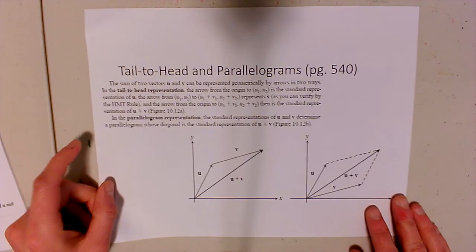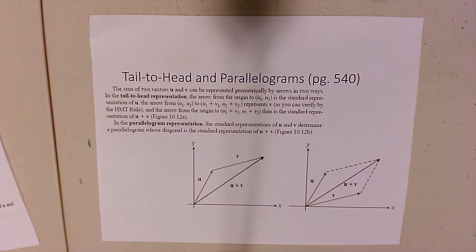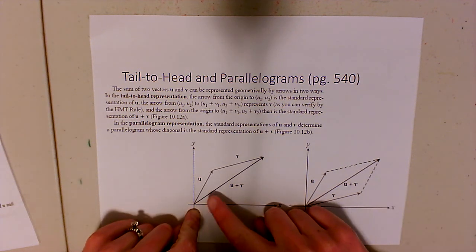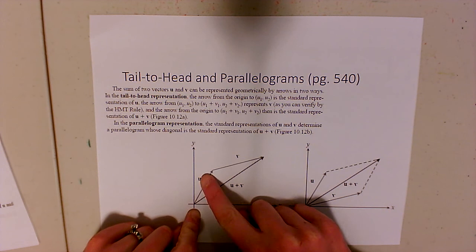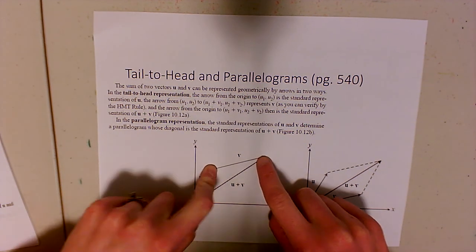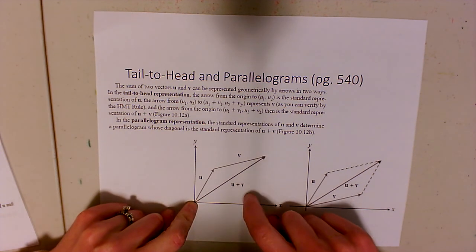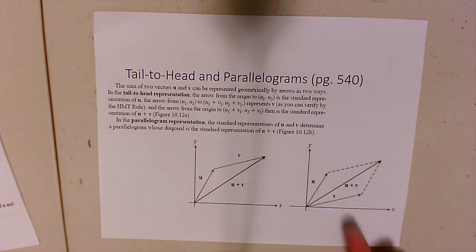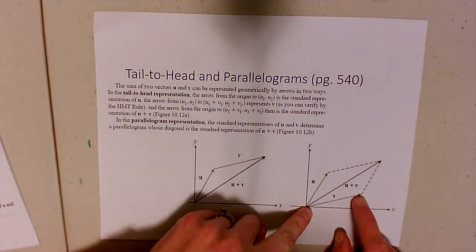So, tail to head and parallelograms. An easy way to add two vectors together, or picture what their sum would be, is to just add them tail to head. So if I want to do vector u plus vector v, let's say vector v originated down here at the origin, and we have it on this graph right here.